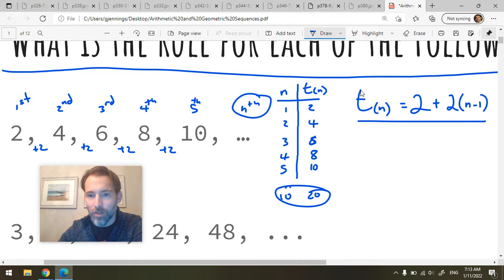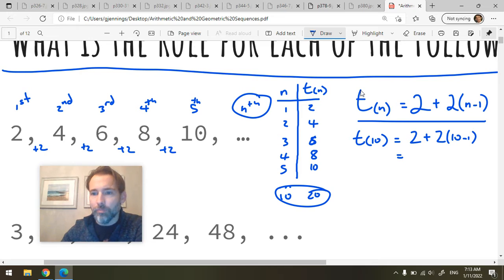So let's find the 10th one. T at 10 is going to be 2 plus 2 times 10 minus 1. We could have factored this too. 2 plus, 10 minus 1 is 9. 2 times 9 is 18. 2 plus 18 is 20.